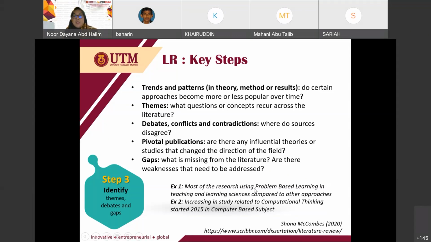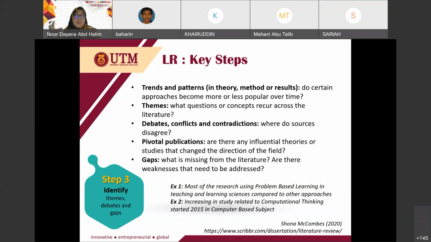Most of the research uses problem-based learning in teaching and learning science compared to other approaches. Okay, so you can see here, most of the research uses PBL. Okay, if you study the computer science subject, for example, from the literature review you find out that problem-based learning is the most popular pedagogy or teaching strategy used for teaching computer science subjects.